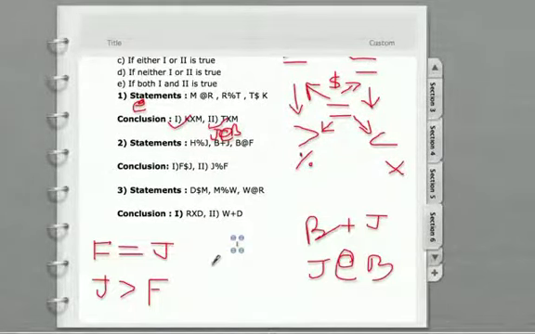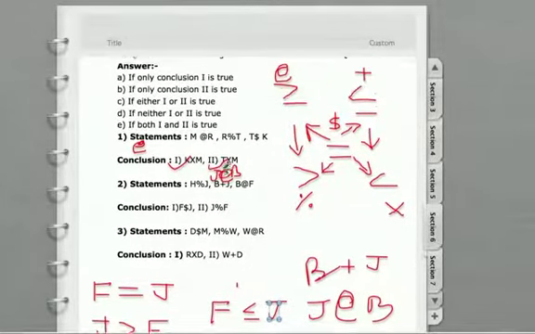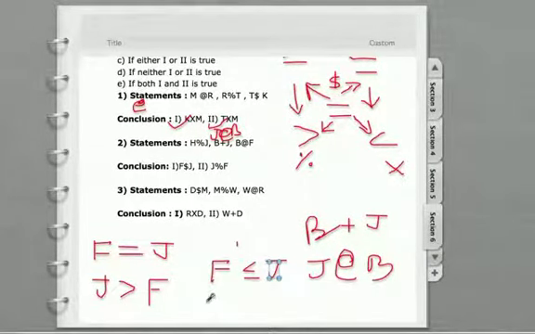So F is smaller than or equal to J. And J percentage F we got here at the rate. So J is greater than or equal to F.